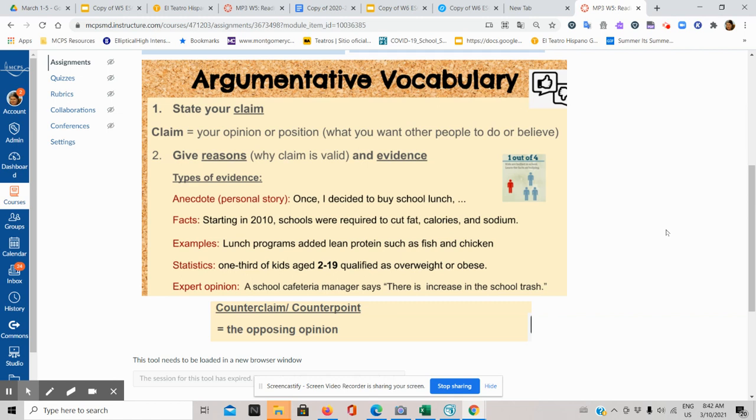Expert opinion. A school cafeteria manager says there is an increase in the school trash. So that's an expert opinion.